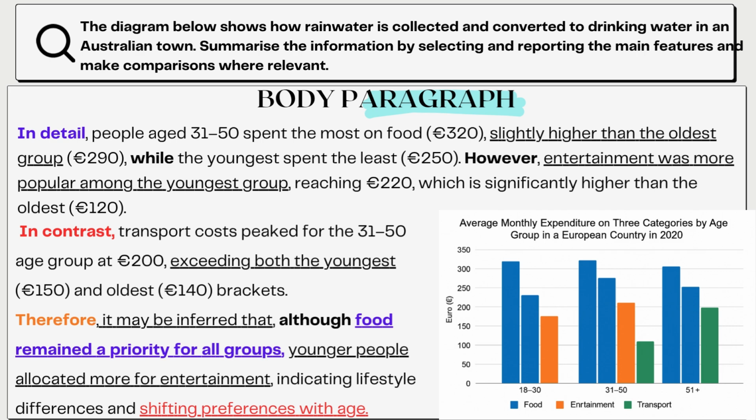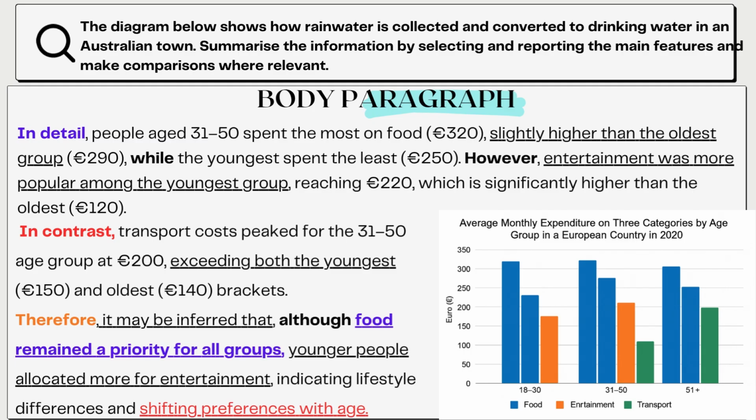We can make a conclusion that although food remained a priority for all groups, younger people allocated more for entertainment, indicating lifestyle differences and shifting preferences with age. So with age, the preferences for each element, like food, entertainment or transport, are shifted. So this was the body paragraph.